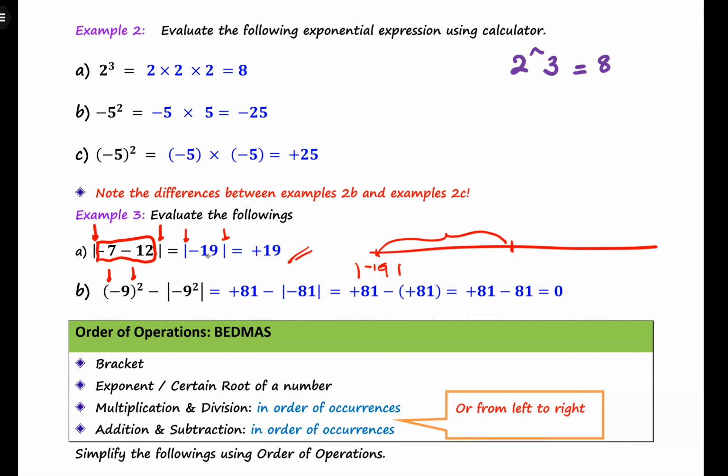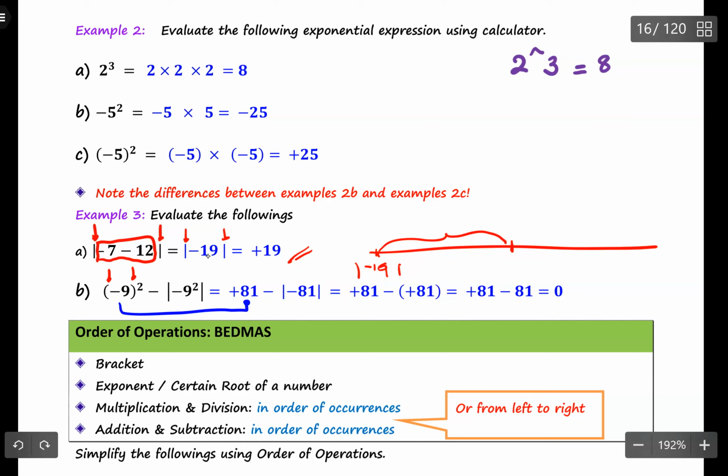Alright, so 3b again, okay, in this example, you see that because of the bracket, I should turn this into a positive 81. Okay, and for this part, negative 9, and I square that. So remember, with absolute value, I have to perform the operations inside the absolute value sign first until I get to a single value.